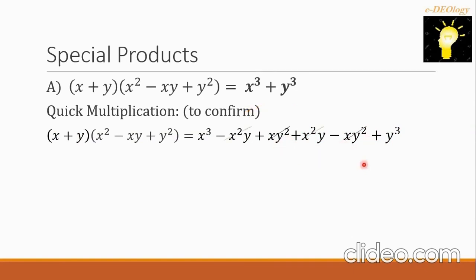So it means to say we can cancel these terms respectively, and then we will collect the terms that will remain. Obviously, this is x cubed that will come, and also the plus y cubed. So this is our final answer. As you can see, this answer is the same with our special product that is written up here.